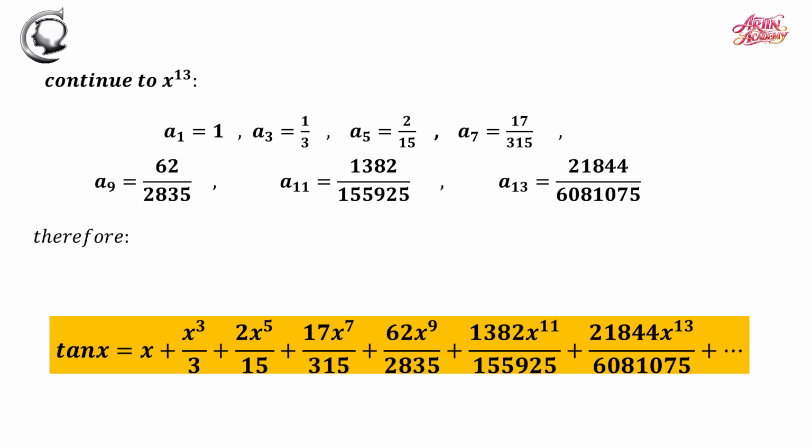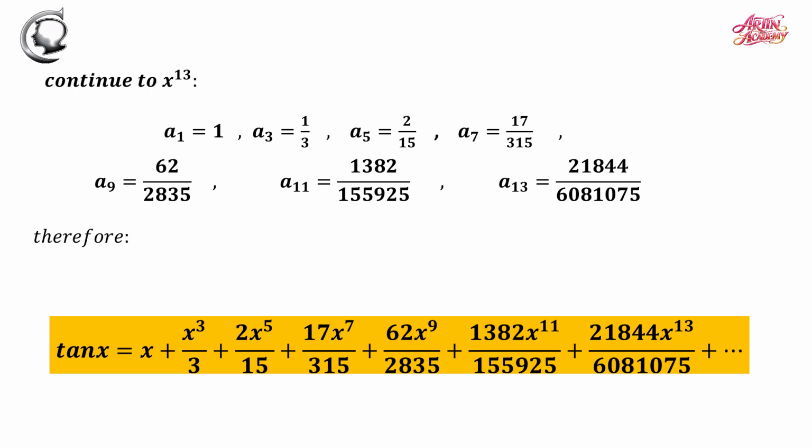Put everything together. We have now calculated the coefficients one by one. They are a sub 1 equals 1, a sub 3 equals 1/3, a sub 5 equals 2/15, a sub 7 equals 17 over 315, a sub 9 equals 62 over 2,835, a sub 11 equals 1,382 over 155,925, a sub 13 equals 21,844 over 6,081,075.